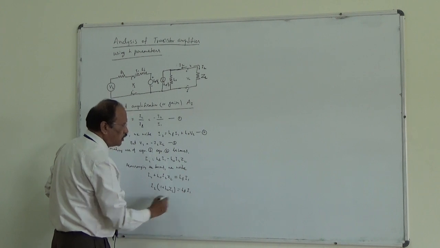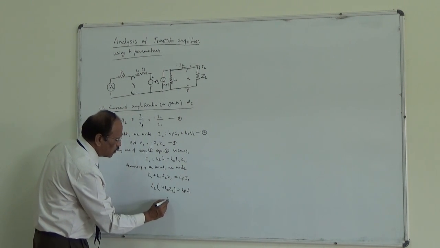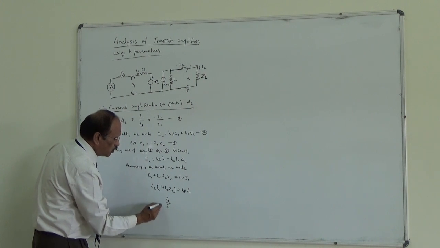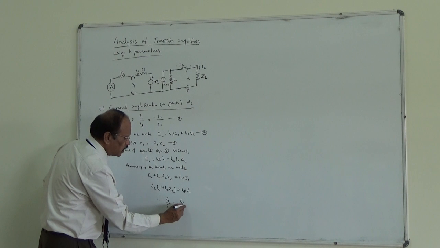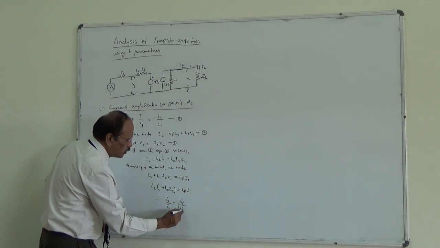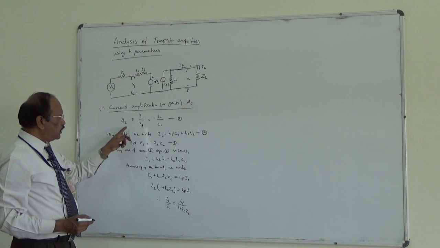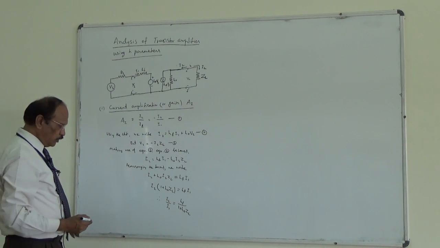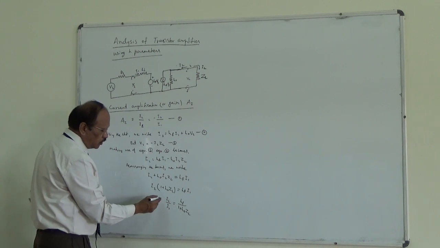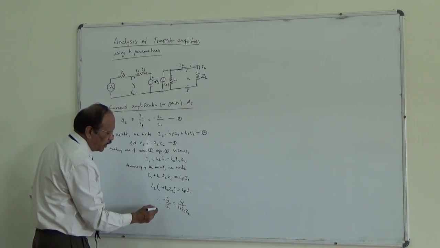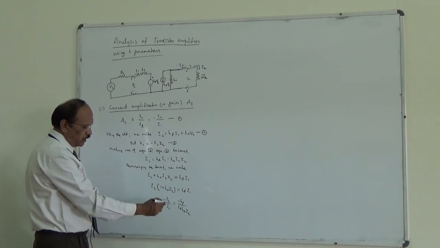So I can write now, therefore I2 by I1 is equal to HF by 1 plus H0 into ZL. But AI is equal to minus I2 by I1, so I can add a minus on both sides, so that I will get minus I2 by I1 is equal to minus HF by 1 plus H0 into ZL.